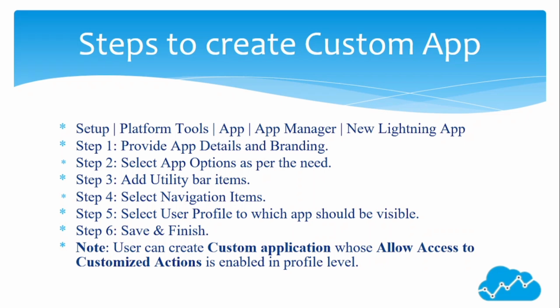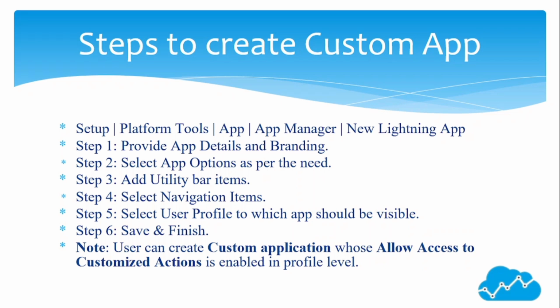Note, a user can create a custom application only if the allow access to customized actions permission is enabled at the profile level. By default it is enabled, but in a real-time environment, when we are doing our task, sometimes this checkbox is not checked.